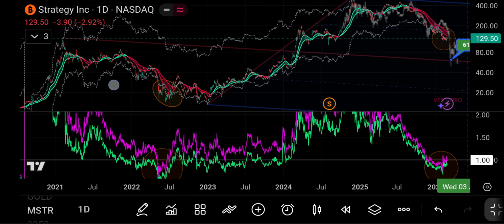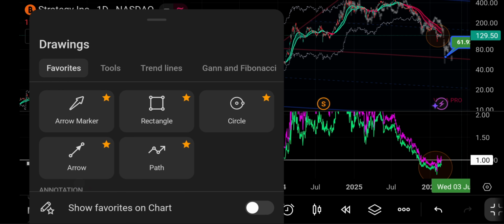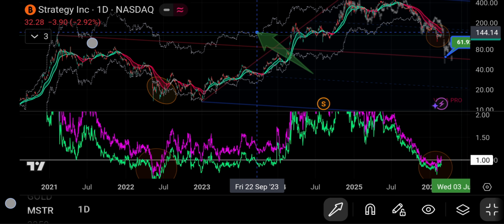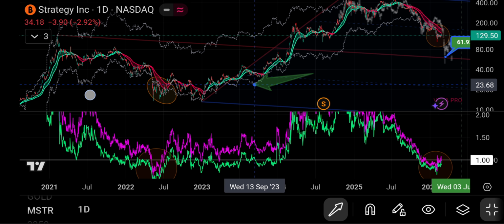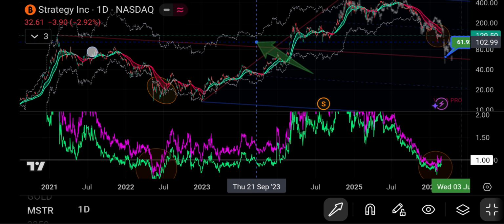In addition to that, on the upper screen, we have two gray bands, this upper one and this lower band. The lower band is 1x M-NAV and the upper one is 5x M-NAV.